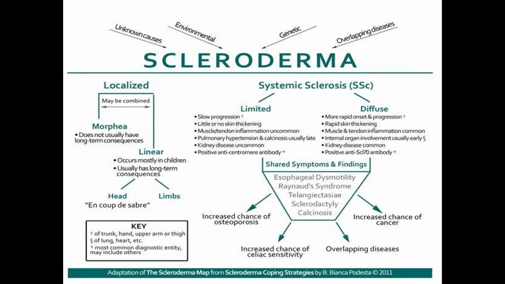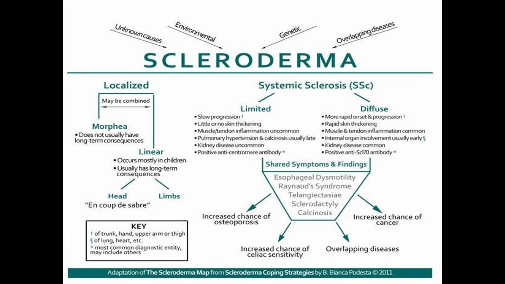anti-Scl-70 antibody. Okay, and then we have shared symptoms and findings. Esophageal dysmotility, Raynaud's syndrome, telangiectasia, sclerodactyly, calcinosis. And then you have increased chance of osteoporosis, increased chance of cancer, overlapping diseases, and increased chance of celiac sensitivity. The point is how to differentiate between limited and diffuse.